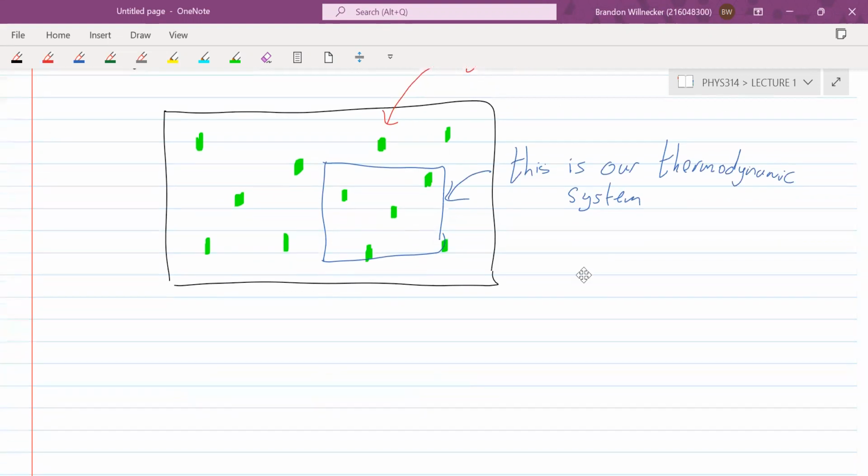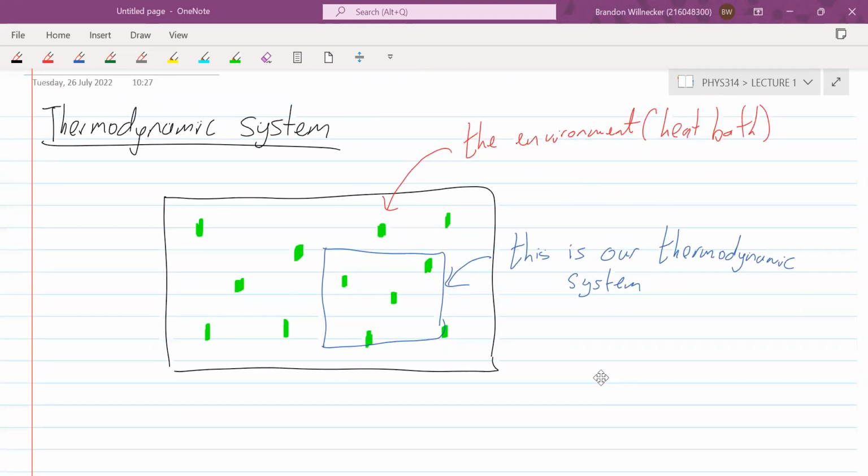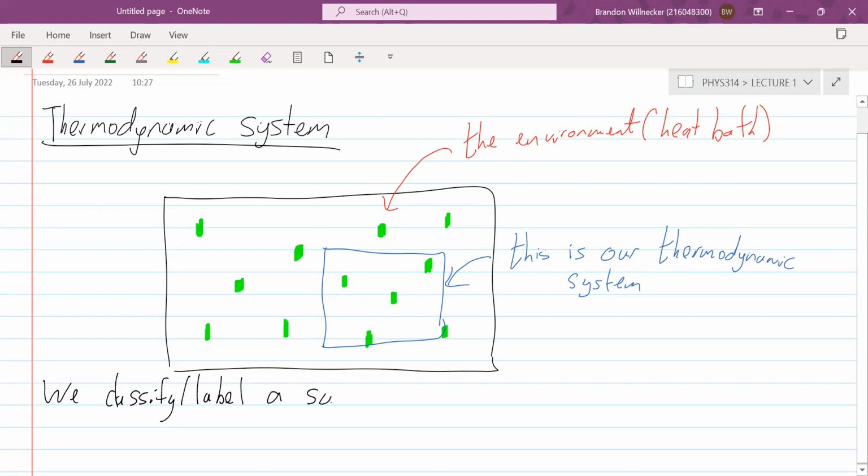Now as physicists, we like to classify things. So we classify, or label, however you want to think about it, a system. When I say system, I mean thermodynamic system. So we know what that means now.